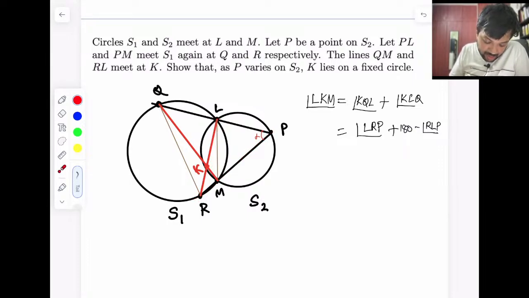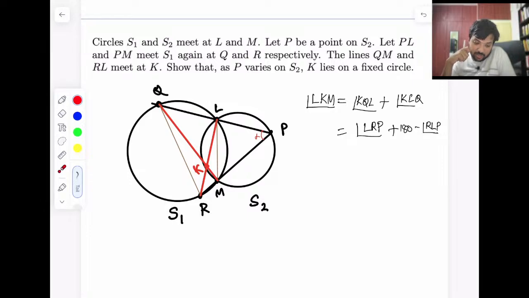Okay, anyway, LRP and RLP, if you do 180 minus, what do you get? Is this correct? It's not useful, I think, because LRP plus RLP is 180 minus alpha, but I get a negative sign here.